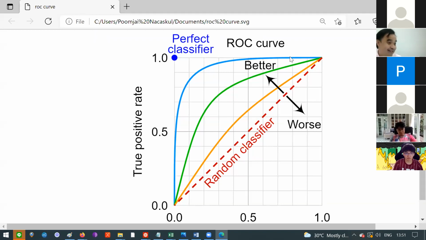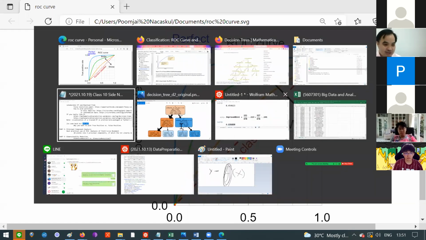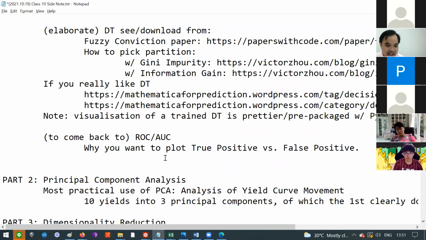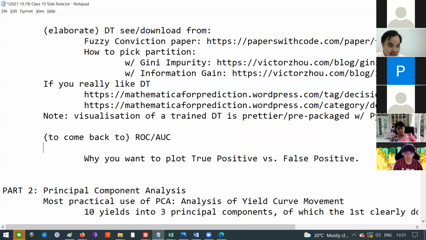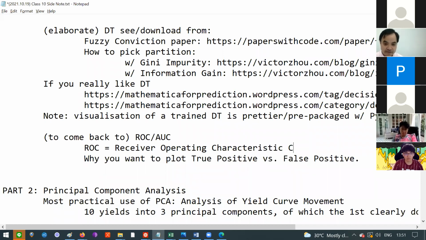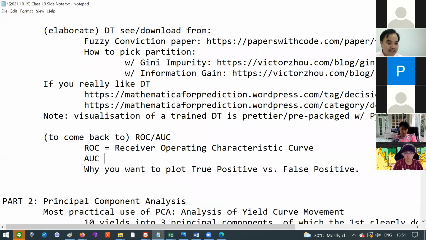Now, this is what's called the ROC curve. If you take the area under the ROC curve, the AUC: ROC is the receiver operating characteristic curve, and AUC is the area under the curve.